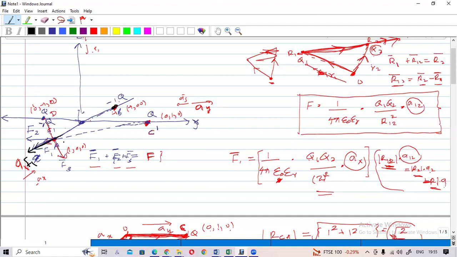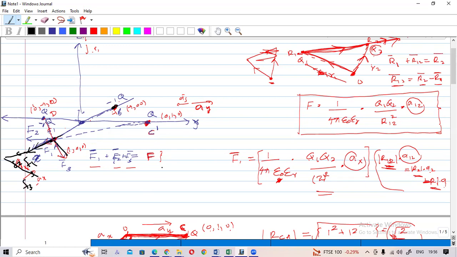Then F2 this direction. F2 is a direction like this, starting from here. That is F2. F3, F3 this direction, a direction like this.